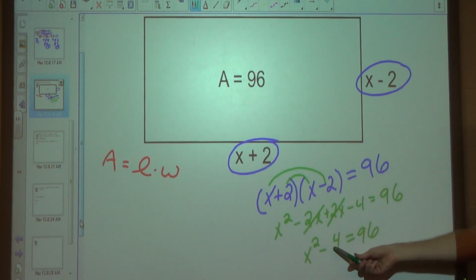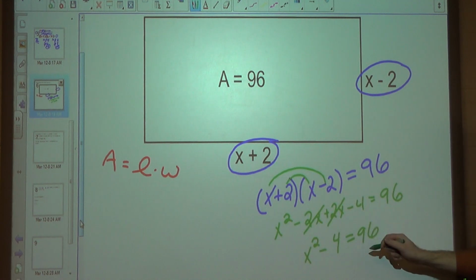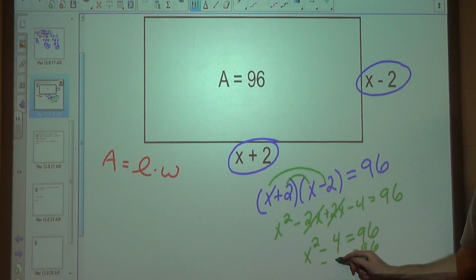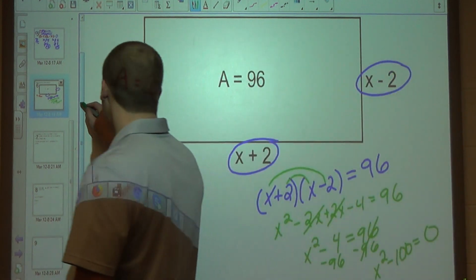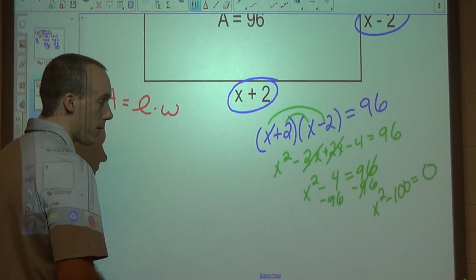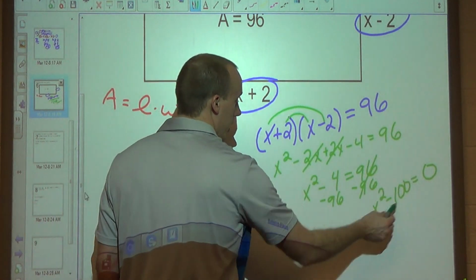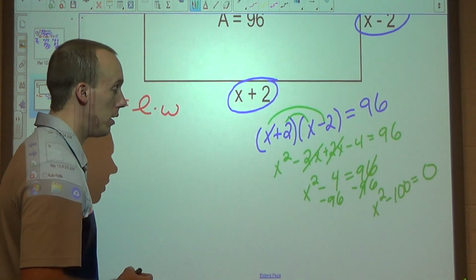Okay, now one way is you could move this 4 over and do the square root. I'm going to do it practicing factoring. So I'm going to minus the 96 to this side, which gives me x squared minus 100. And then yes, this is the difference of two squares. Okay, so how do I factor this? Practicing factoring.